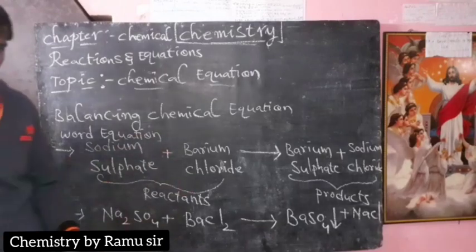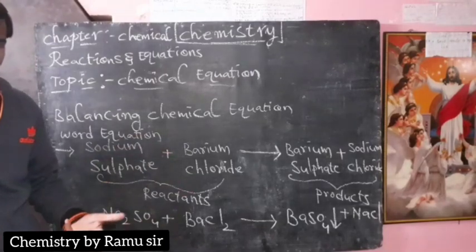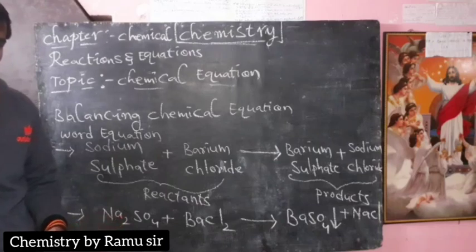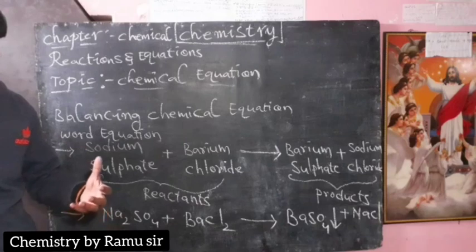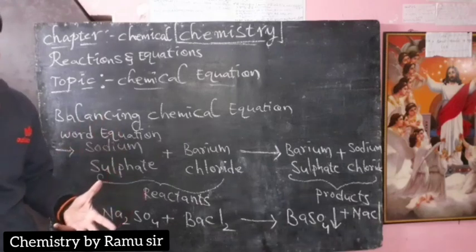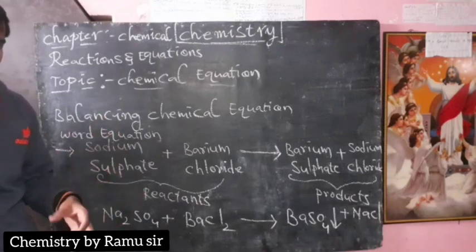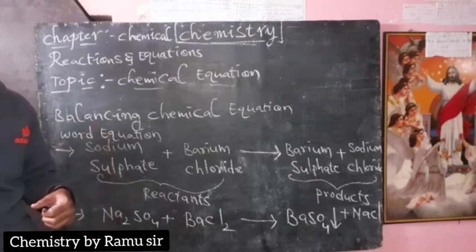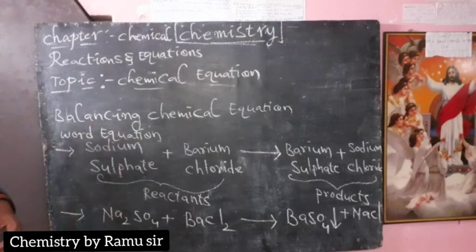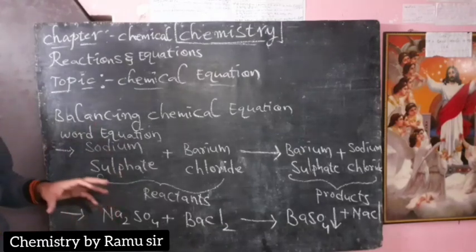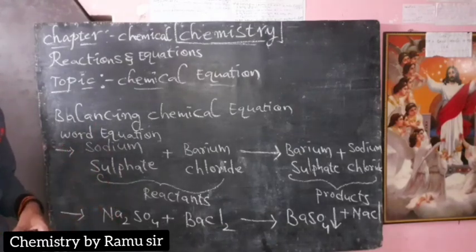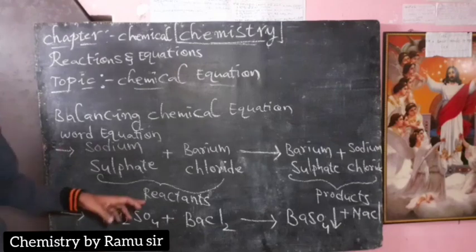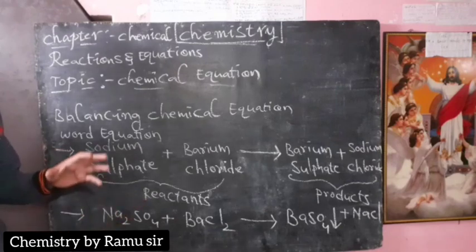So different types of chemical reactions are there, in which different substances participate and different substances are formed. The newly formed products we represent with chemical formulas. So a chemical equation is a shorthand representation of a chemical reaction.